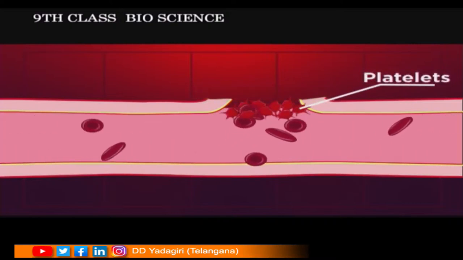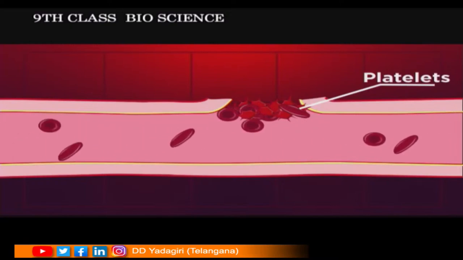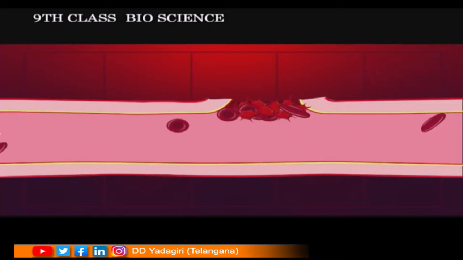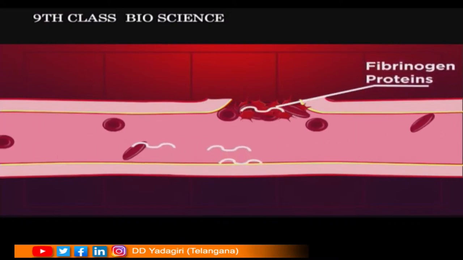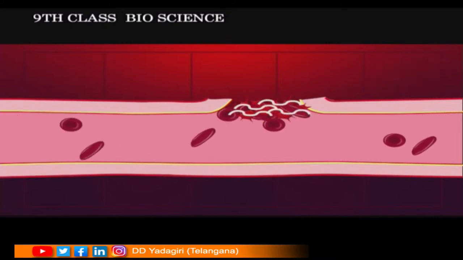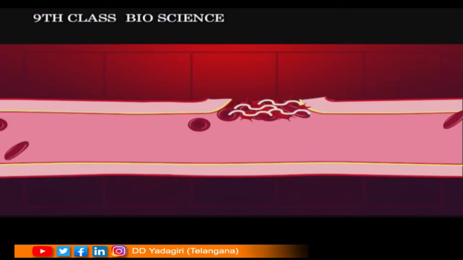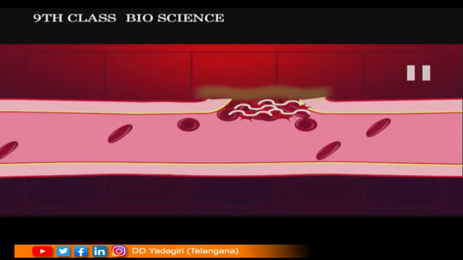Before the red blood cells come out, you can see platelets have collected at the site of the wound. They will stop the blood from oozing out. That is, fibrinogen proteins will form a network which will not allow the blood to flow out. Then afterwards it dries and stops the flow of blood outside the wound. So in this way, blood platelets help in the blood clot.